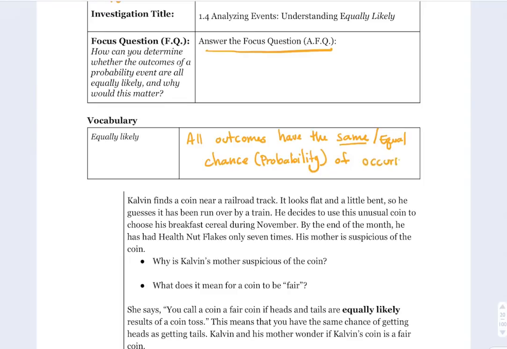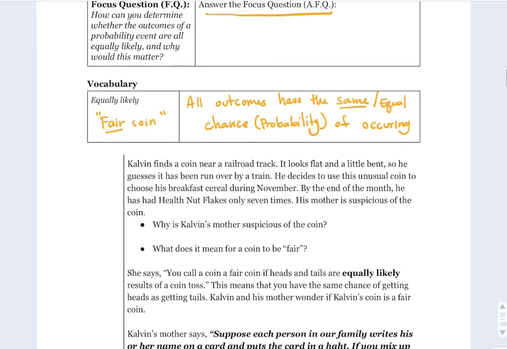Occurring means to happen, that's an outcome. Okay, you can think of this as, and you'll usually see this word, fair coin or fair dice. That means it's not weighted. They're not cheating in any way, shape, or form. Okay, so we're just going to say that each outcome has the same chance of happening.